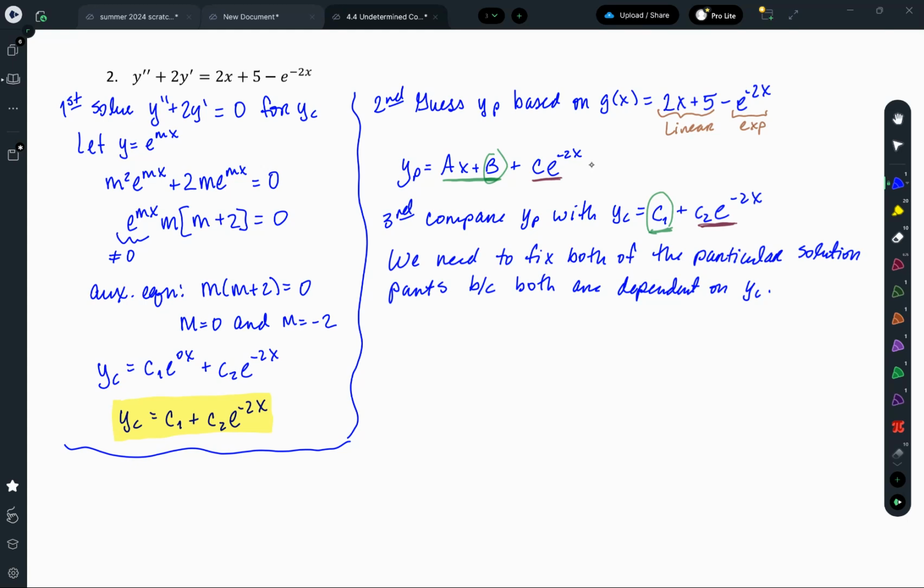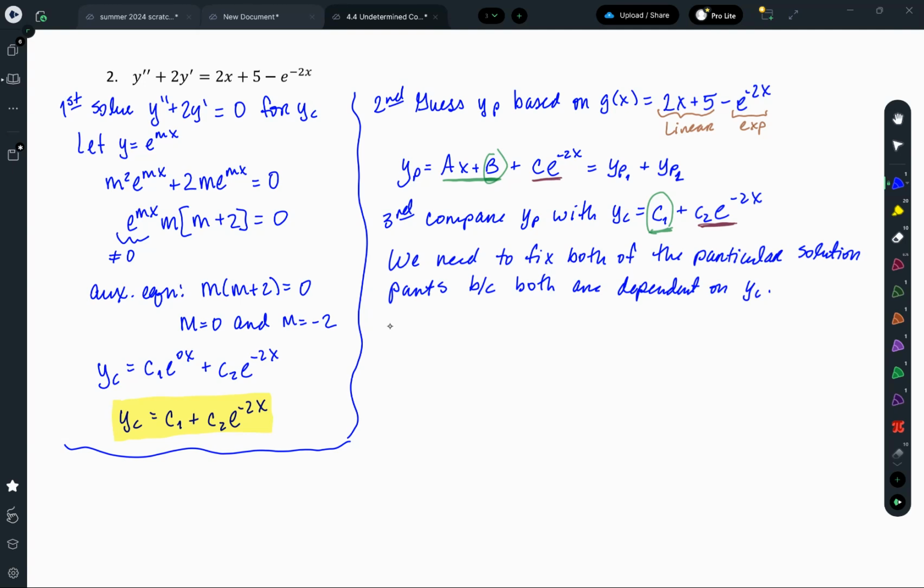And I just want to stress this up above here. My y sub p that I guessed, because it was a sum of things, it was actually a y sub p1 plus a y sub p2. So when I'm talking about fixing both of the particular solution parts, I'm referring to the linear and the exponential. They both need a multiplier of x.